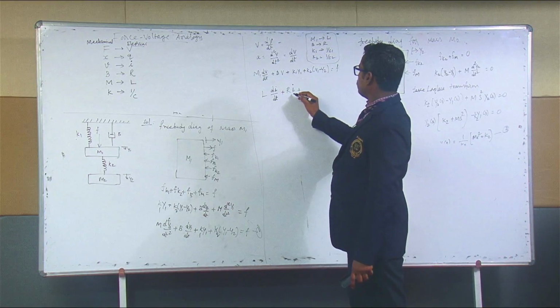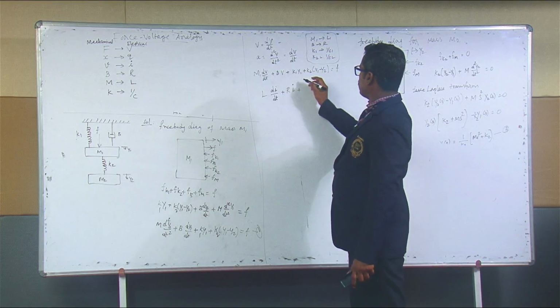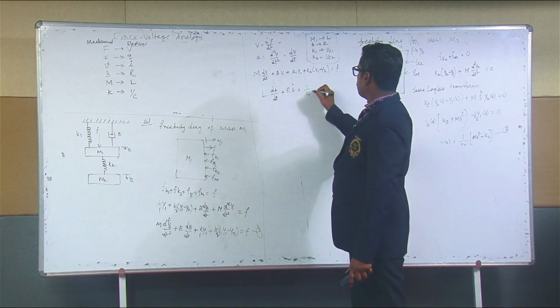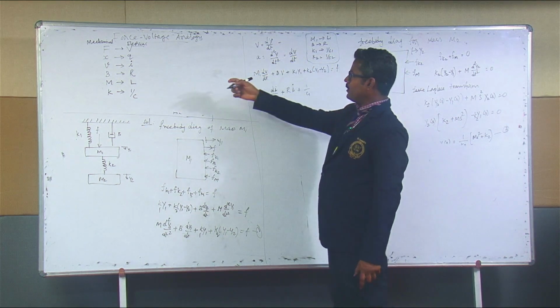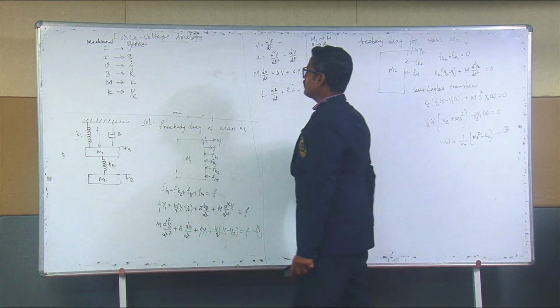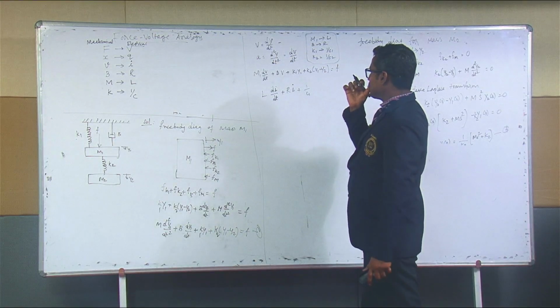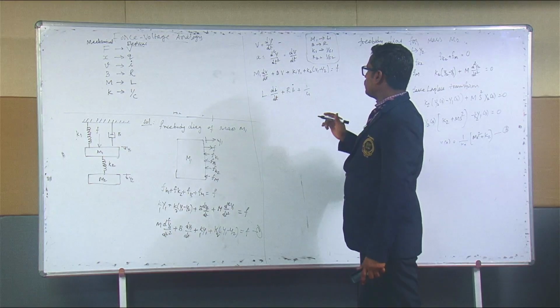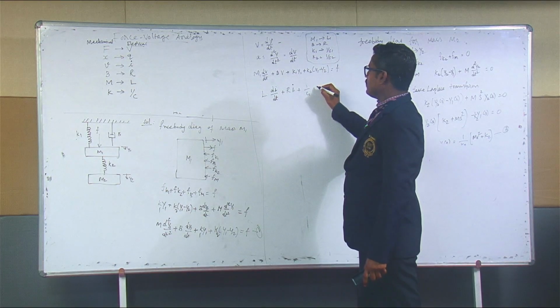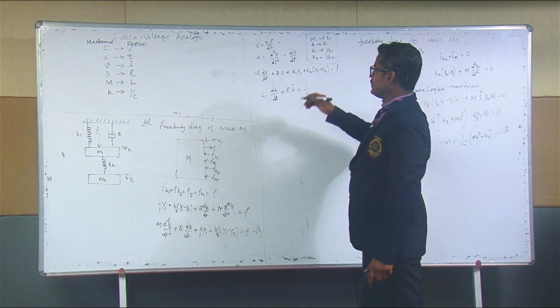So B into the velocity is R into I, K1 is 1 by C1 into your Y1, and the displacement is charge. Okay, so the Y1 in terms of equation is 1 by C1 into Q, or charge in terms of current, dq by dt.